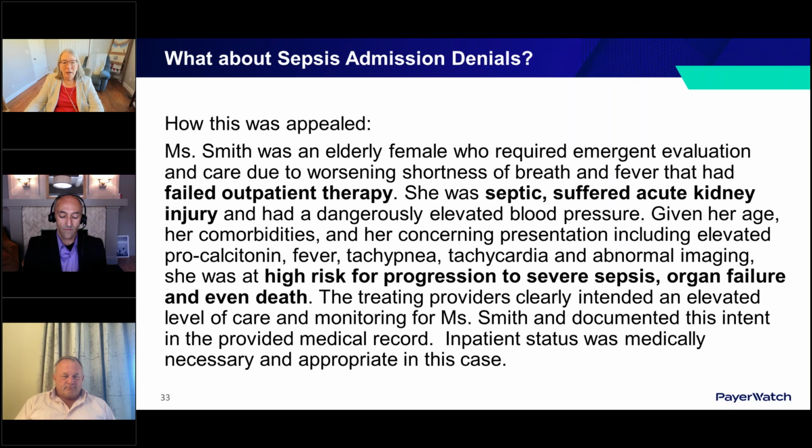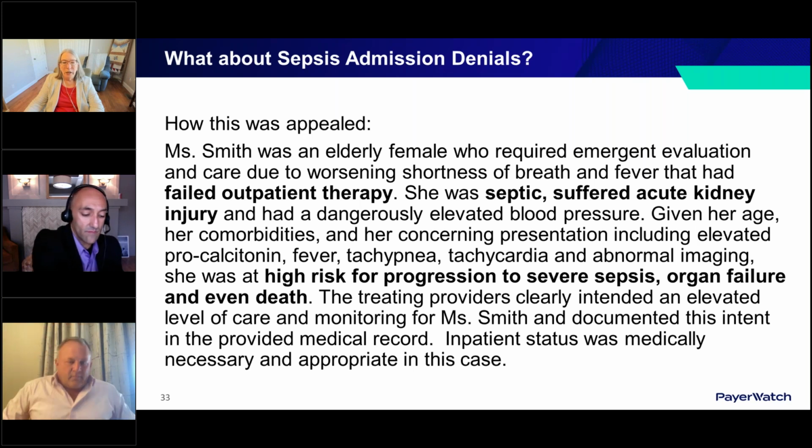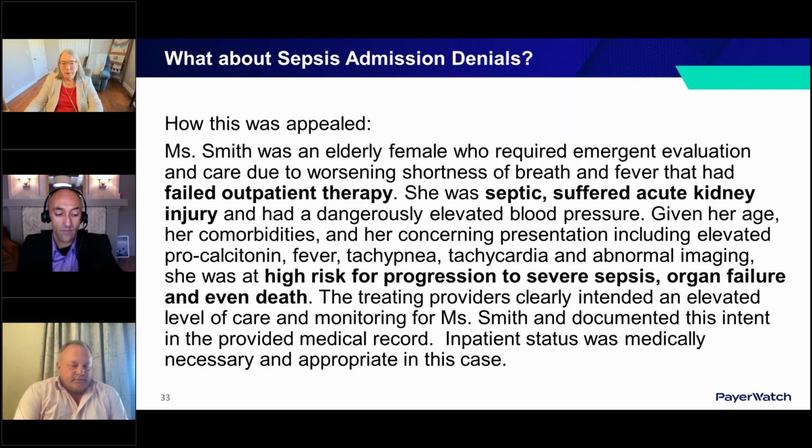Okay, and this is just one paragraph. It's about a 3-paragraph appeal letter, but this is just a summary where we talk about the failed outpatient therapy, the septic patient suffering acute kidney injury, and how she had a high risk for progression to severe sepsis, organ failure, and even death. And so the treating providers clearly intended an elevated level of care and monitoring for this lady.